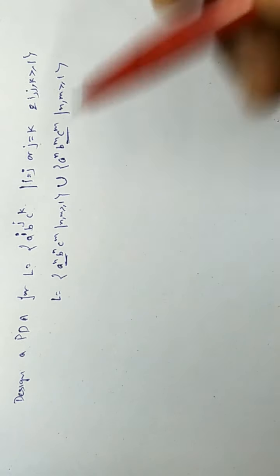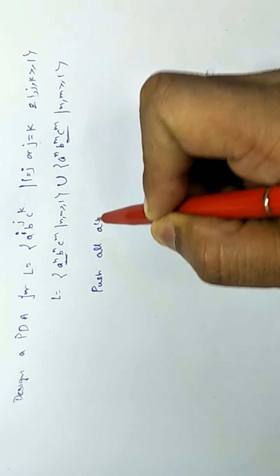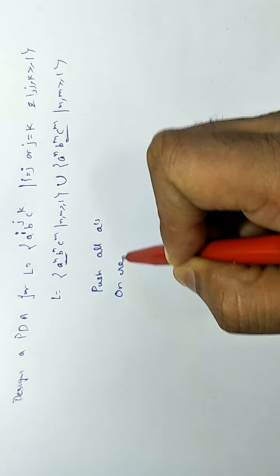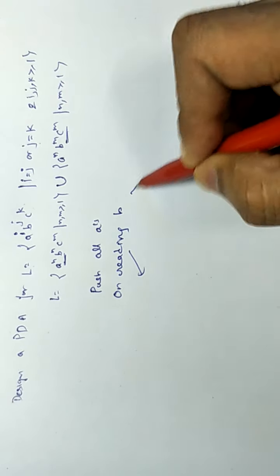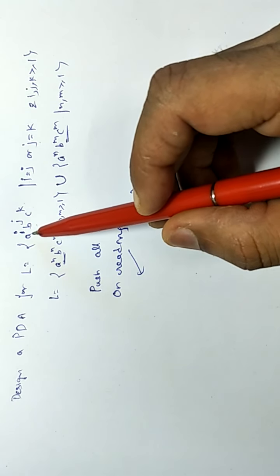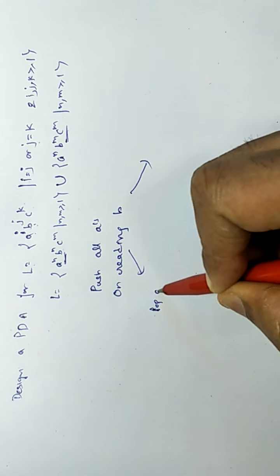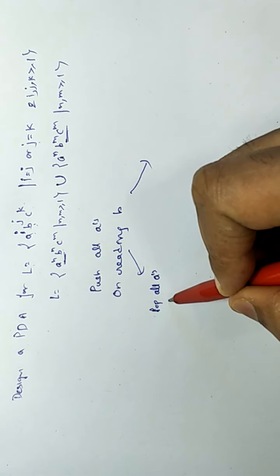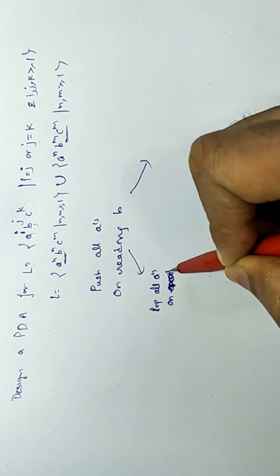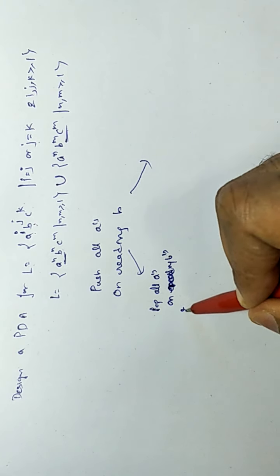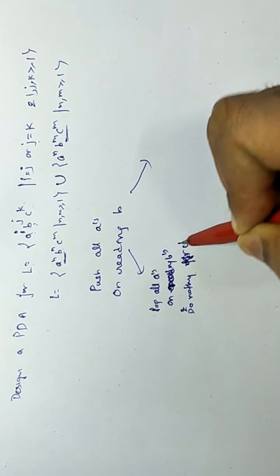So I am designing this PDA as: push all a's. On reading b, I have two choices. On reading b, either I pop a with b to match a^n b^n, popping one a on each b, and do nothing for c's.